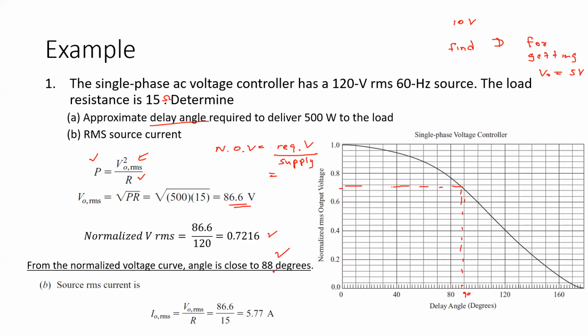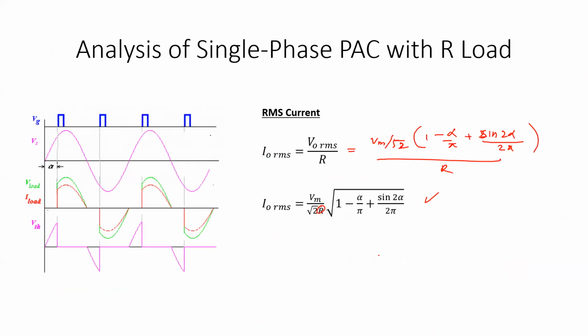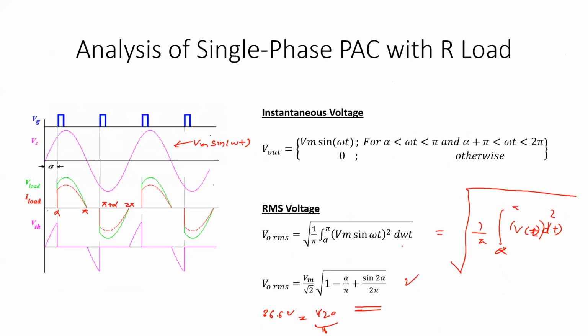But this is approximate, so you don't know the exact value. So you try a trial and error method. You have found alpha is somewhere near 88 degrees, so you apply this value in the equation and check where we can get this exact voltage output. We have to get 86.6 here, and 120 is there. Then you apply 1 minus.